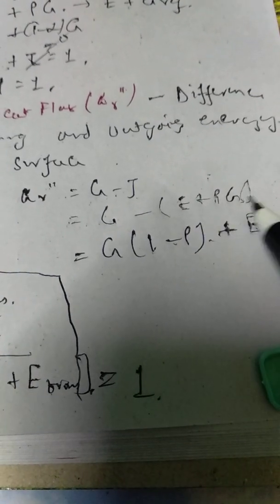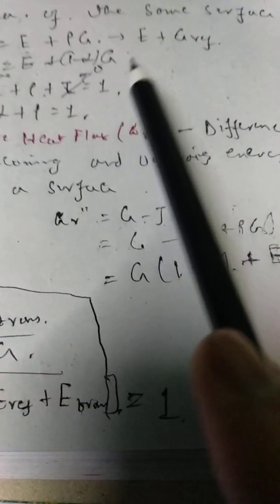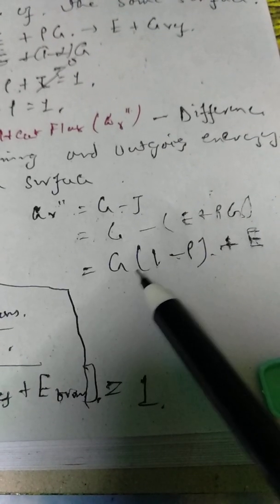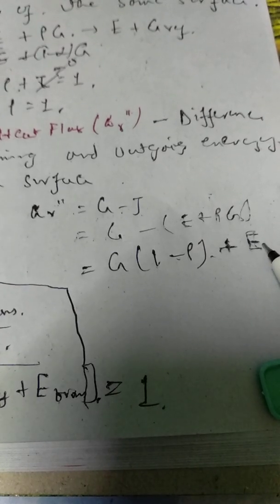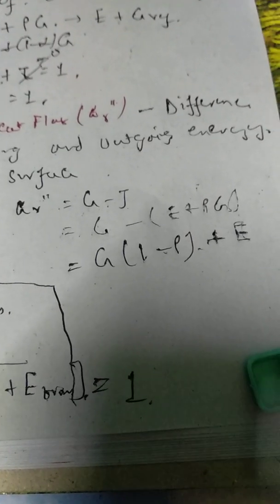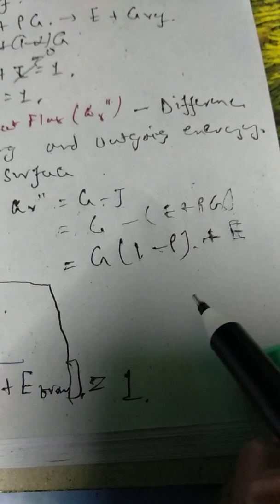This J can be written as E plus rho into G, as we have seen. So if you take G common, it is G into 1 minus rho, plus the emissive power. The emissive power you can write as small e sigma T to the power 4.